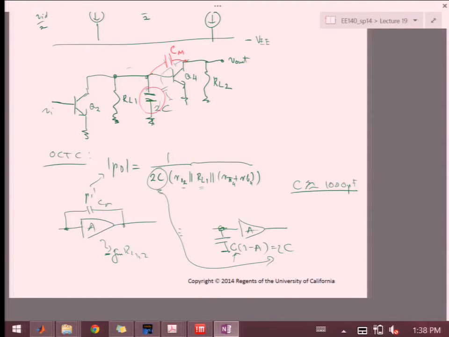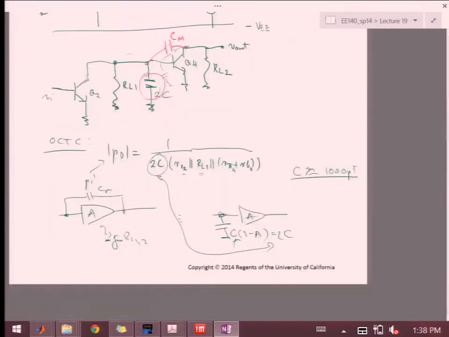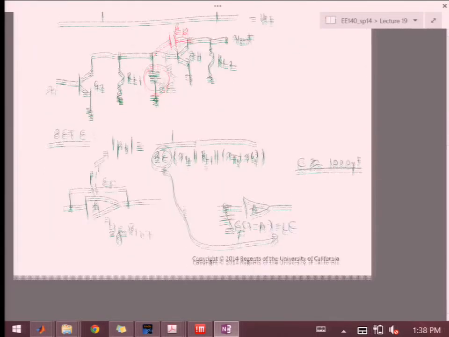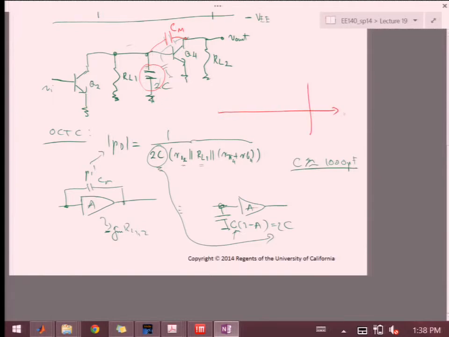There is another side benefit, and we're going to do a derivation in a minute so you can see that. There's another side benefit of doing the Miller, and that is that when you do the Miller cap, you're not only, in the sigma plane, we can label P1 and then P2, you're not only moving P1 to P1 prime, which was our goal in compensation.